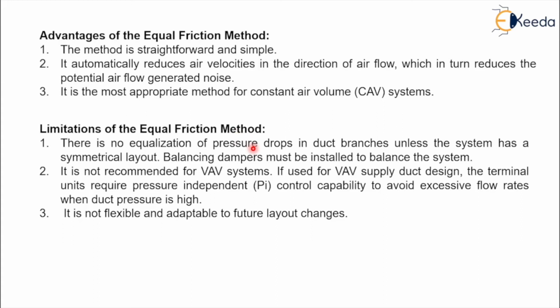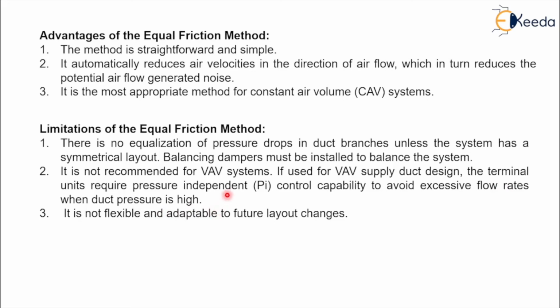This is the limitation. Second, it is not recommended for a VAV system, where in the duct we are using the variable air volume system, or VAV box you can say. If used for a VAV supply duct system, the terminal unit requires pressure independent PI control capability to avoid excessive flow rate when duct pressure is high.